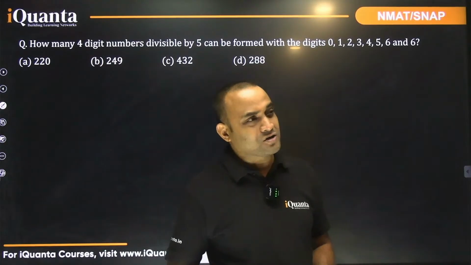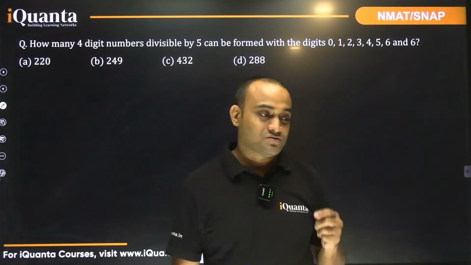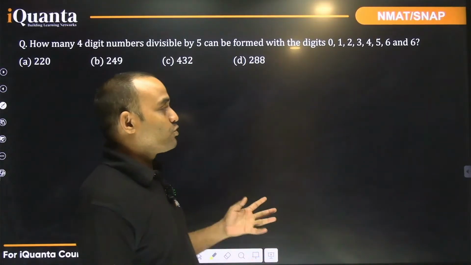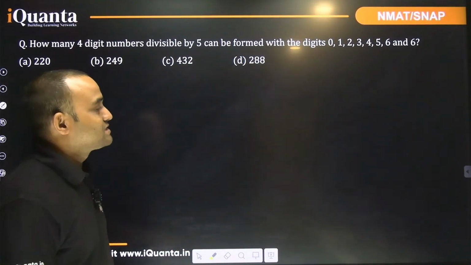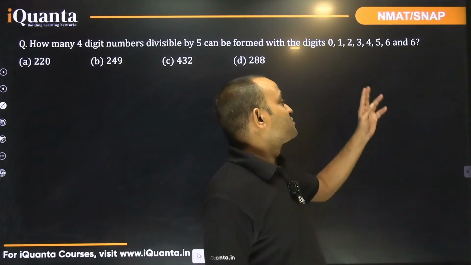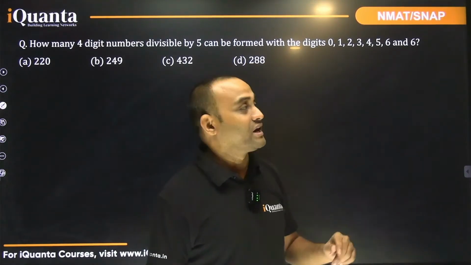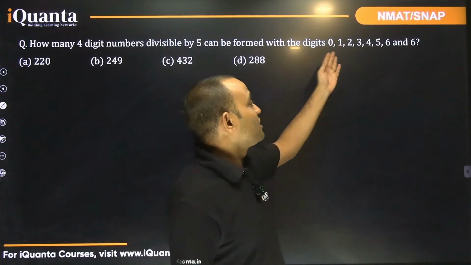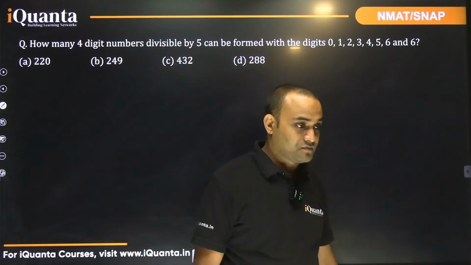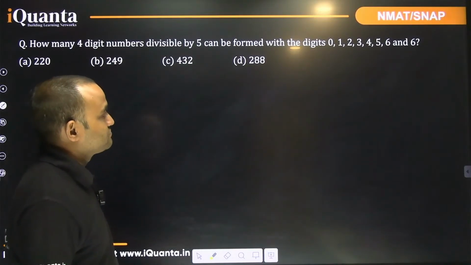Now I'm not sure whether this is 6 and 6 or 6 or 7. So we will discuss both the types, and let's see which matches our options. If it's 6 two times, or instead of 6 if it is 7 or 8 or any other digit which has not been used here. Anshika is saying 288. All right.